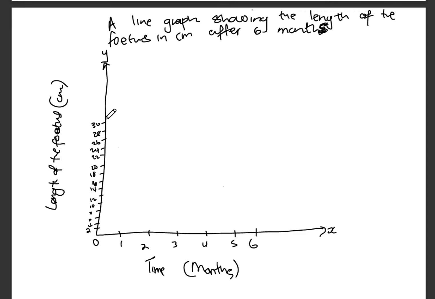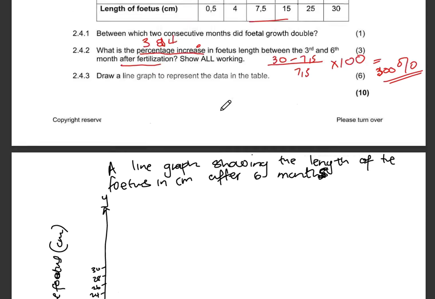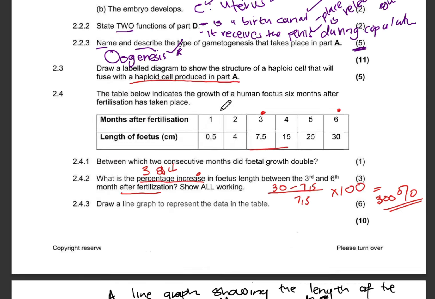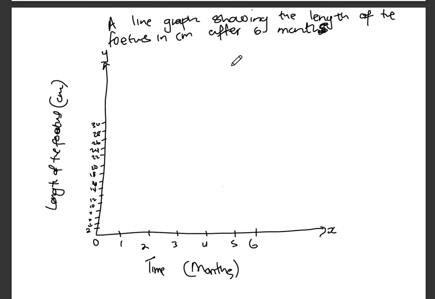Let me just take a picture of the table so that I don't keep scrolling up, because that's making the video way too long. So month one, 0.5. One will be over here, halfway, then 0.5 will be somewhere here.